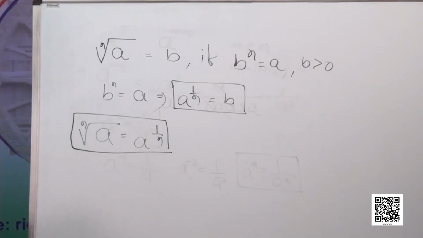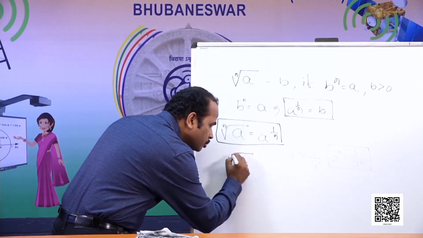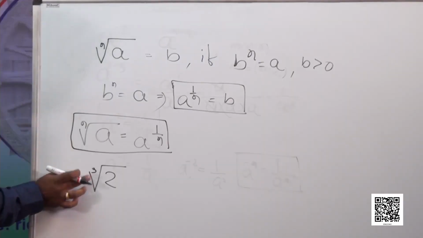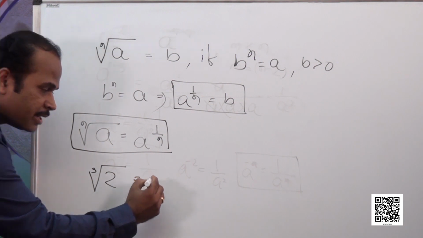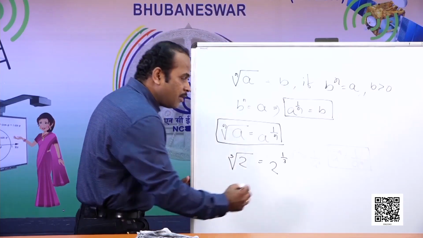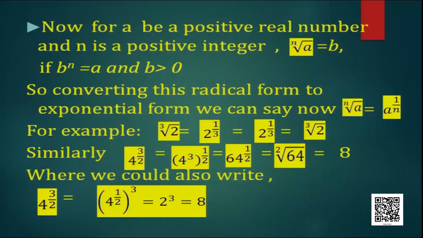Okay, so let us go for some examples. Let us see how it happens. Let me give the cube root of 2. If I write the cube root of 2, it indicates that it is 2 to the power 1 by 3. If I write the fourth root of 3, this indicates that it is 3 to the power 1 by 4.